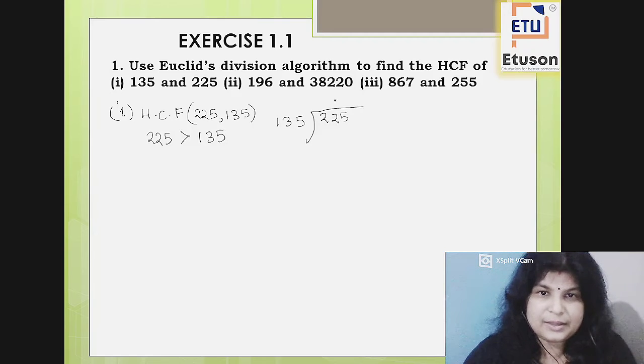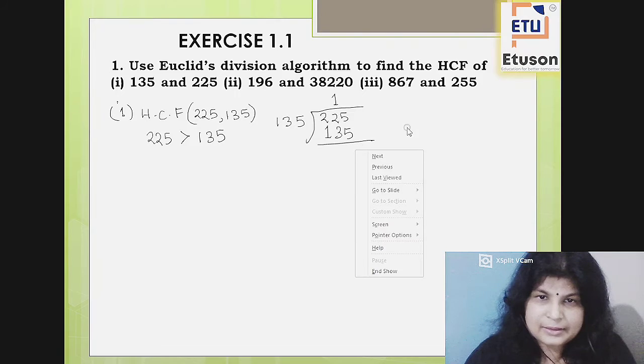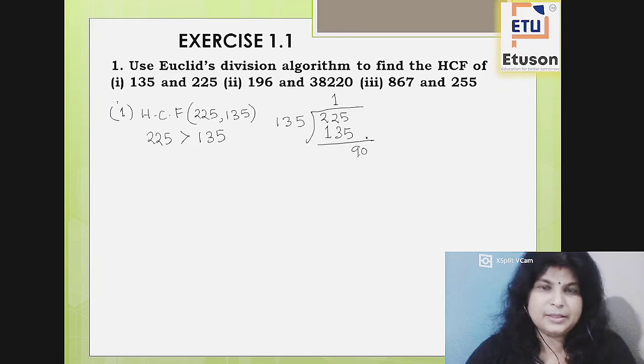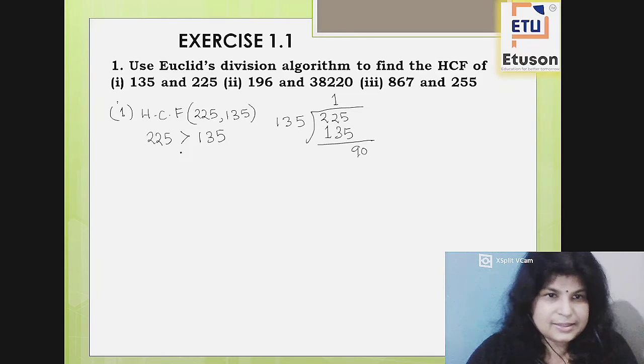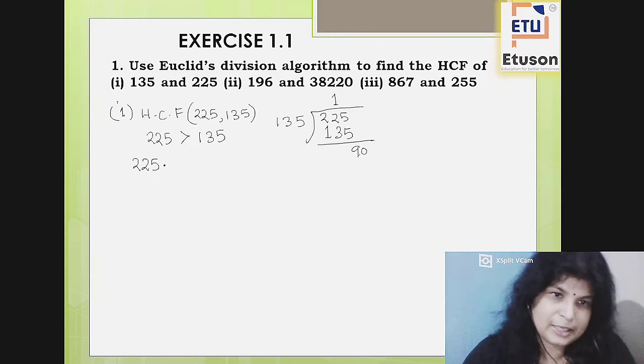So 135 here, you write 1 here, so you will get 135, and the remainder is 90. Because the remainder is 90, let us write down the first expression in terms of Euclid's division algorithm, that is 225 is equal to 135 into 1 plus 90.